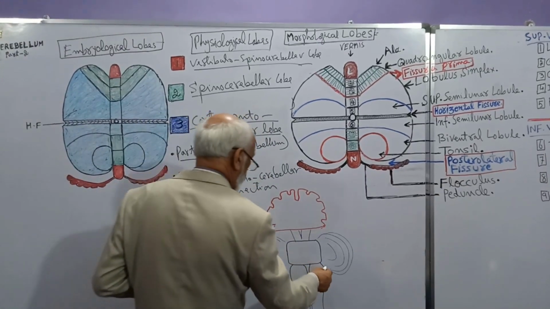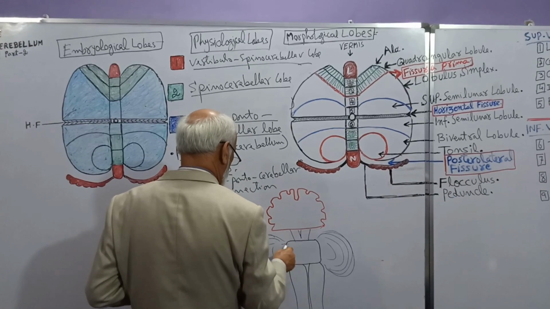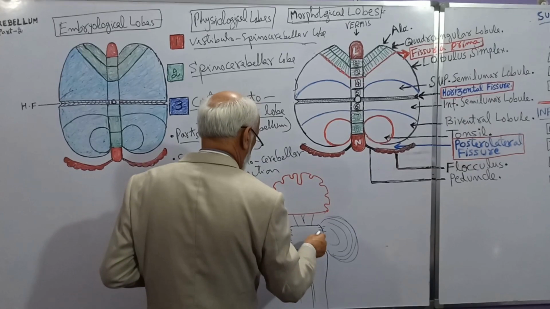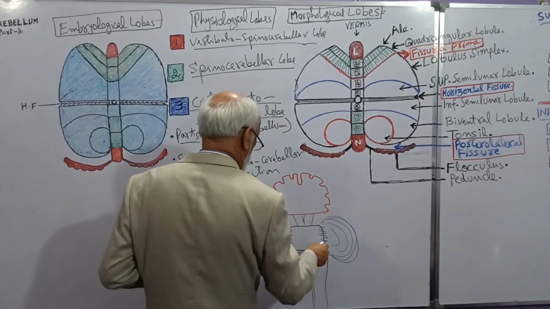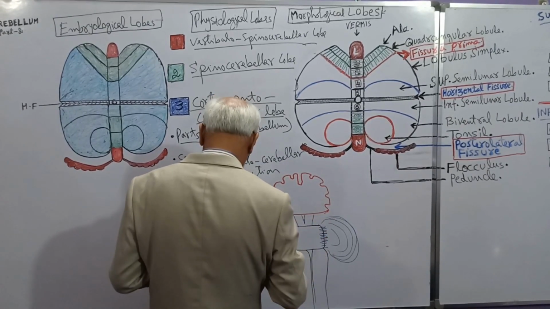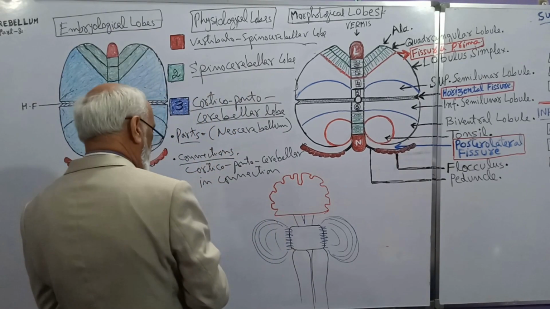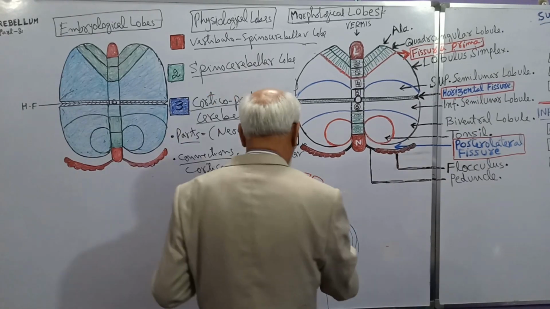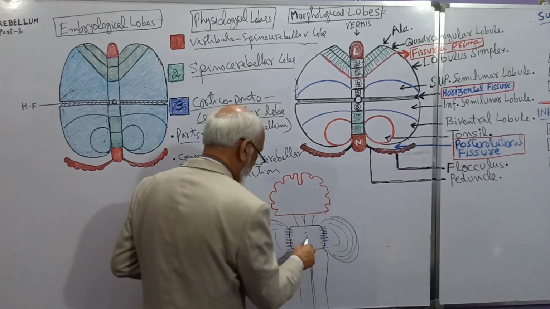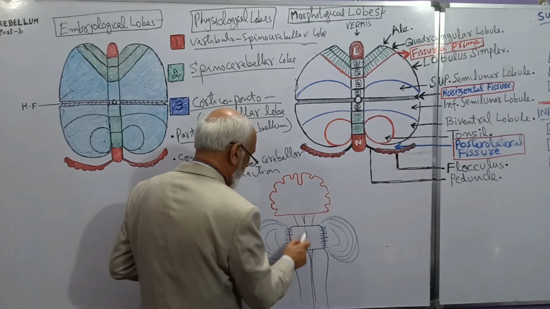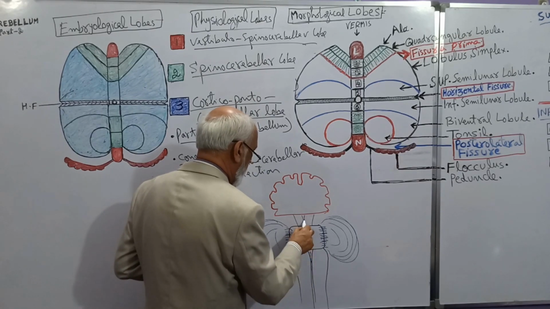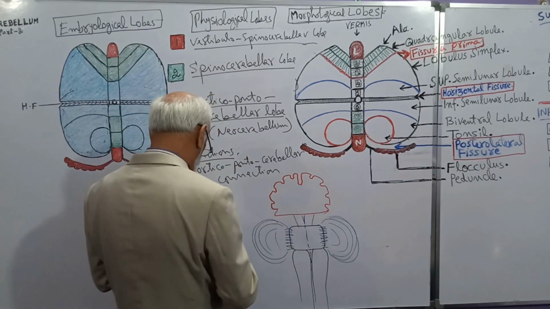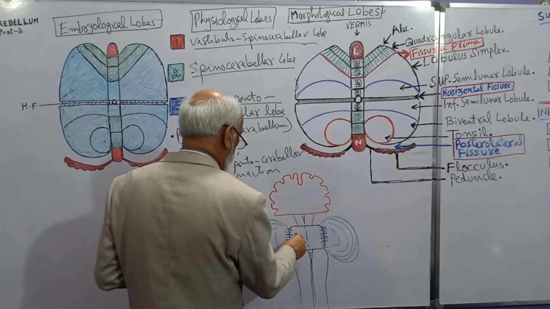The pons is connected to the right and left cerebellar hemispheres by the middle cerebellar peduncle on both sides. Now in the pons there are nuclei called nuclei pontis, the pontine nuclei. This is the midline.